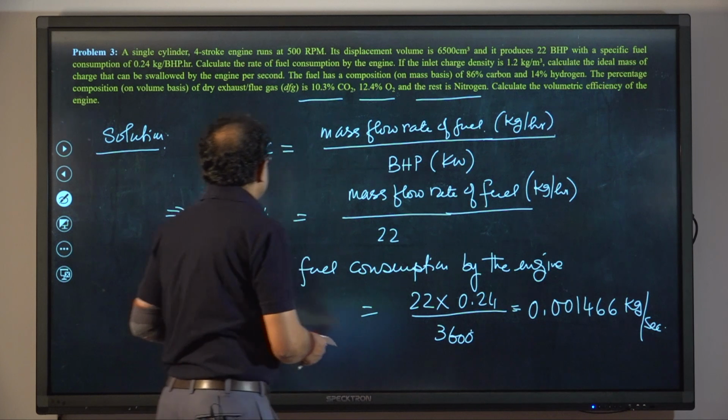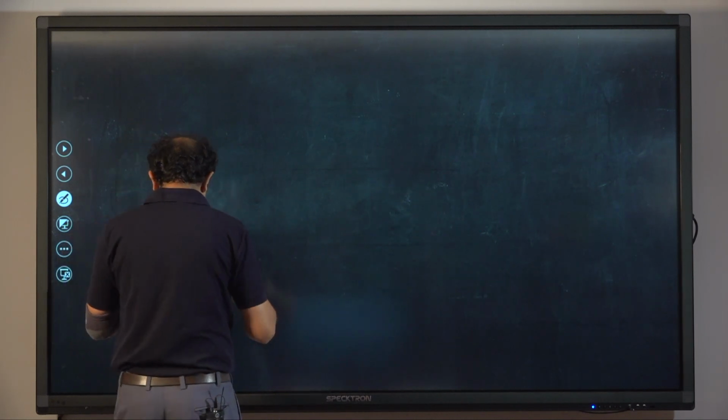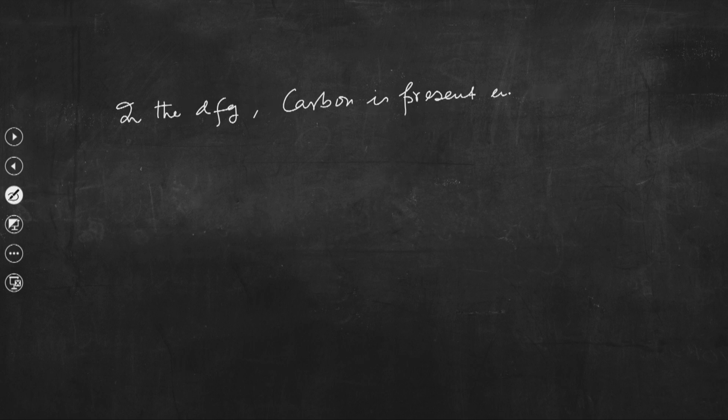So, if we go to the next slide, we can write that in the DFG carbon is present in the form of CO2 and the reaction is C plus O2 gives CO2.